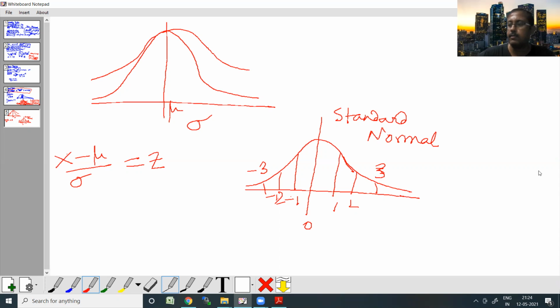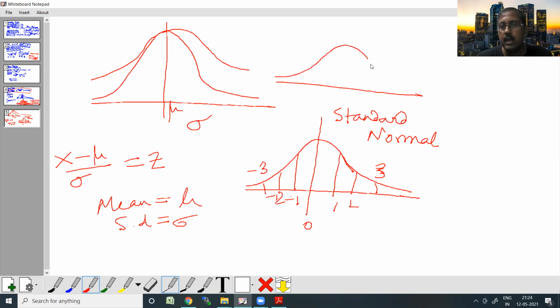A few properties of a normal distribution: the mean of a normal distribution is mu and the standard deviation is sigma. And as we talked about, the normal curve is a uniform bell-shaped curve, which has a peak at the ordinate x equal to mu.